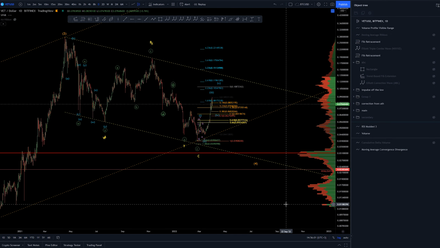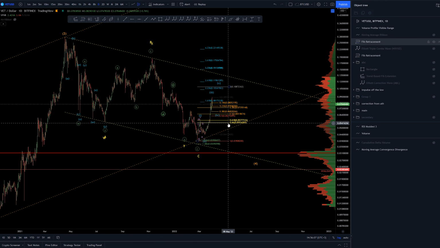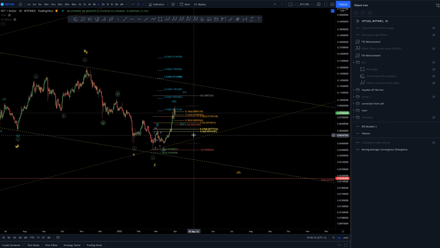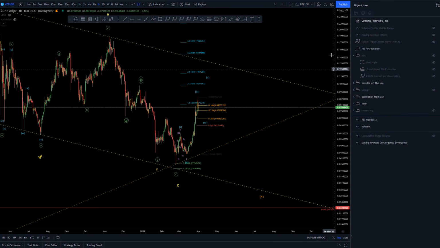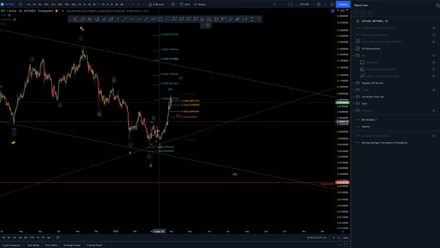We can also see that there is some kind of bump here on the volume. It is a bit lower than the expected golden pocket, but definitely worth keeping in mind as well. But yeah, that is the general idea I had. So wave 2 would come down here.